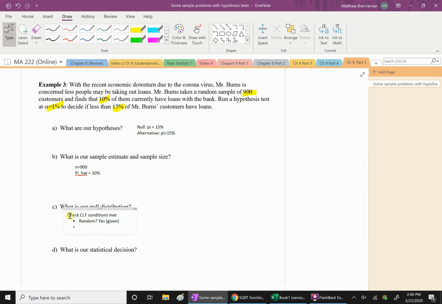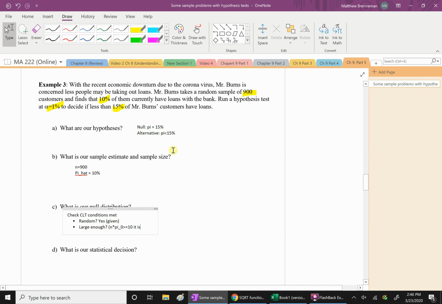Is our sample size large enough? Well, we have to check that n times pi naught is greater than or equal to 10, and it is.